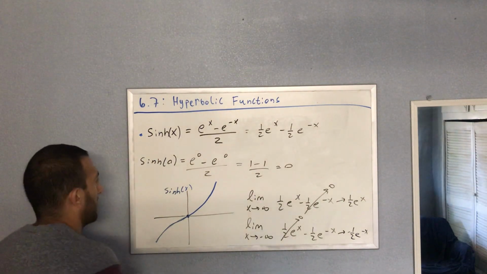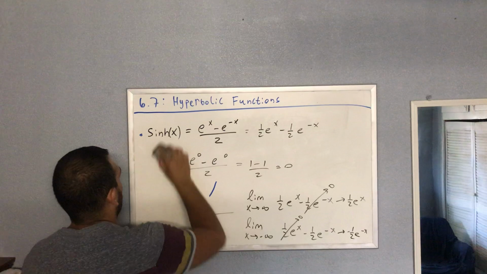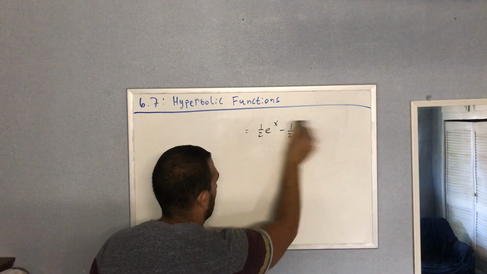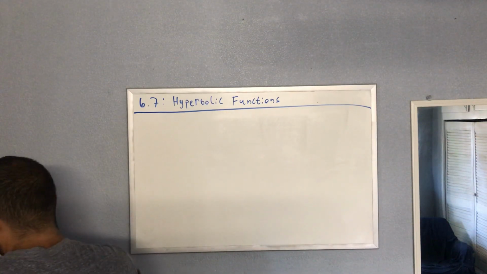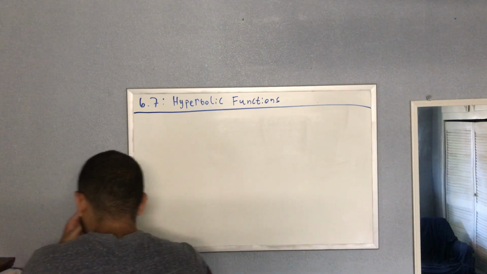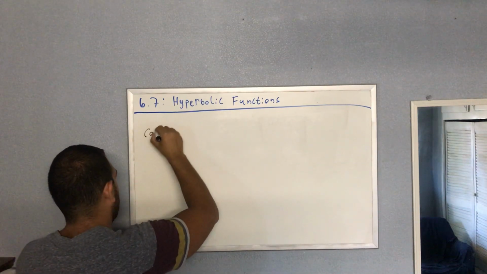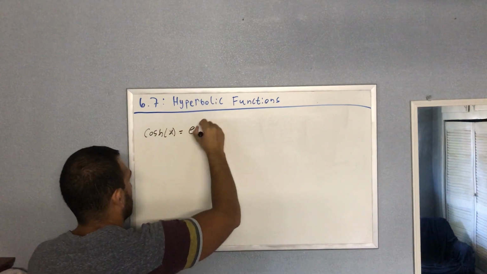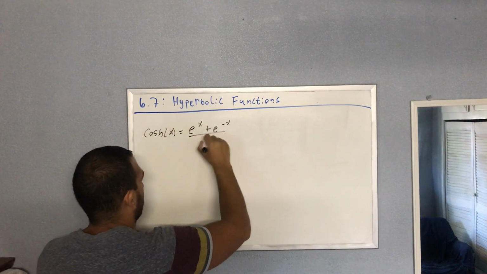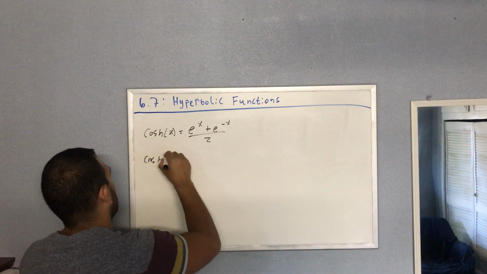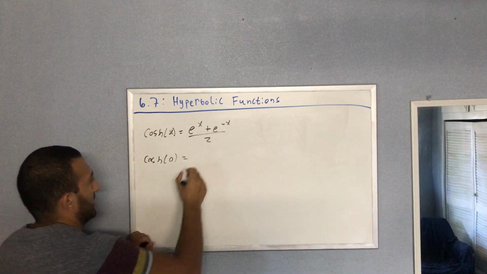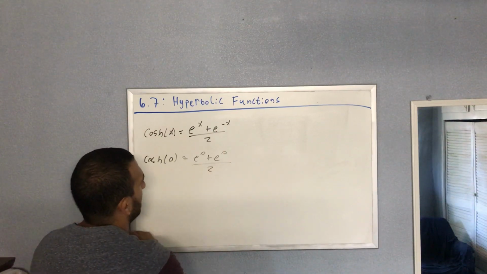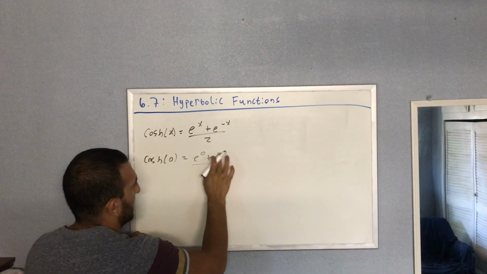And now let's do hyperbolic cosine. Oh, sorry. X is just this. Okay, and then, so yeah, let's plug 0 into this guy. So you get e to the 0 plus e to the 0 again over 2, because negative 0 is the same as 0.